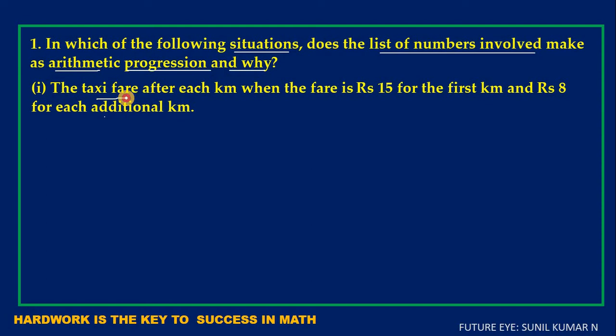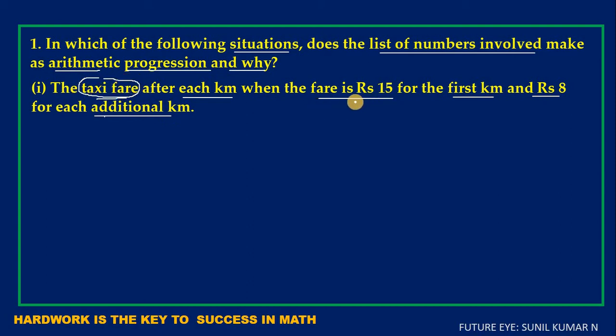The taxi fare after each kilometer, when the fare is rupees 15 for the first kilometer and rupees 8 for each additional kilometer. Children, understand the problem. Here they are talking about taxi fare.